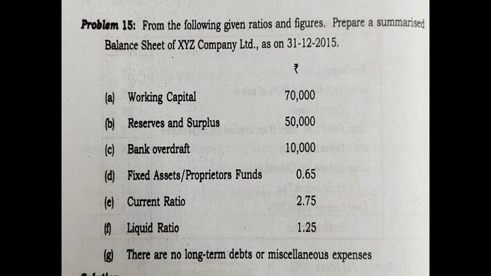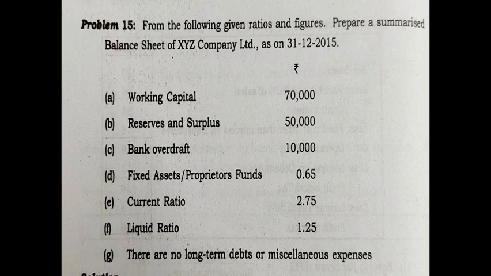Fixed assets to proprietors' fund ratio, we haven't learned or heard an equation like that. Sometimes in this type of question, you may be given a specific equation developed for that particular question. Next, current ratio 2.75, liquid ratio 1.25, and in the additional information it is said that there are no long-term debts or miscellaneous expenses. We will discuss that part.